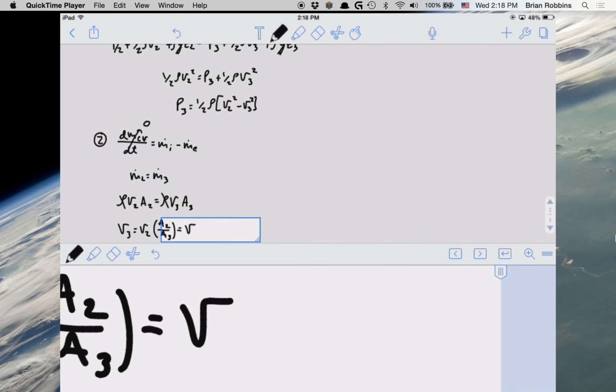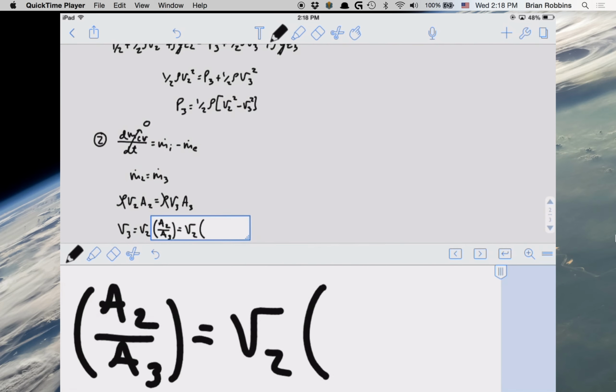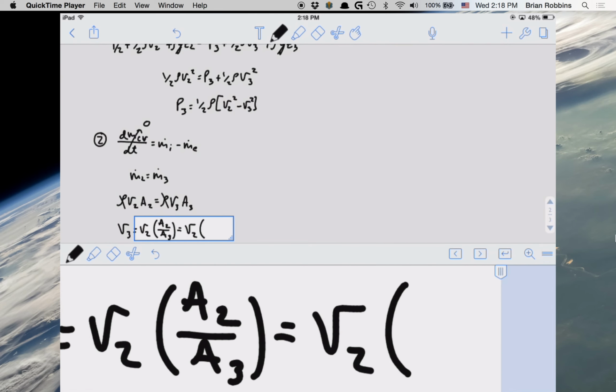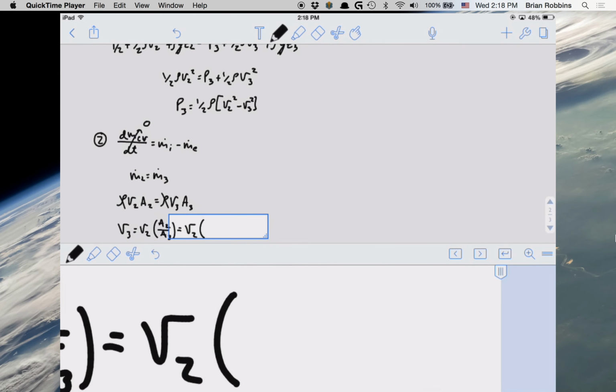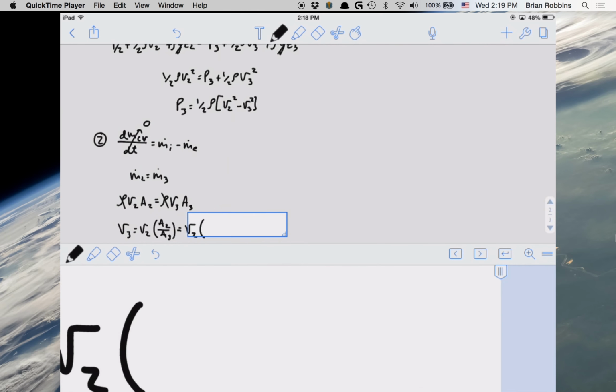By plugging in the cross-sectional area of our pipe, which is the area of a circle, we can plug in pi divided by 4 times the diameter squared for both points 2 and 3.